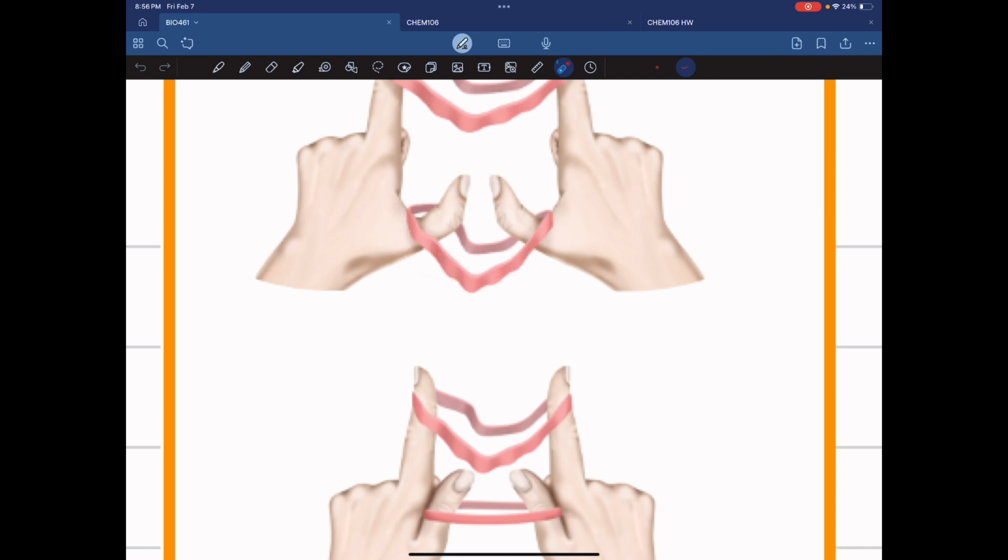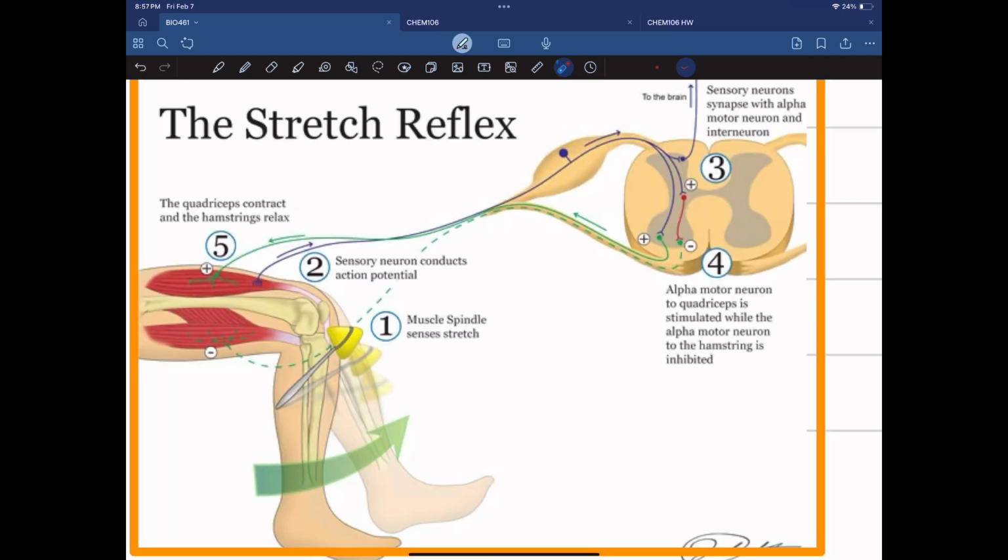So the gamma motor neuron is going to help our spindles respond to stretch. The next thing we're going to talk about is our Golgi tendon organs, which respond to tension. So spindles respond to stretch, and our Golgi tendon organs will respond to tension.